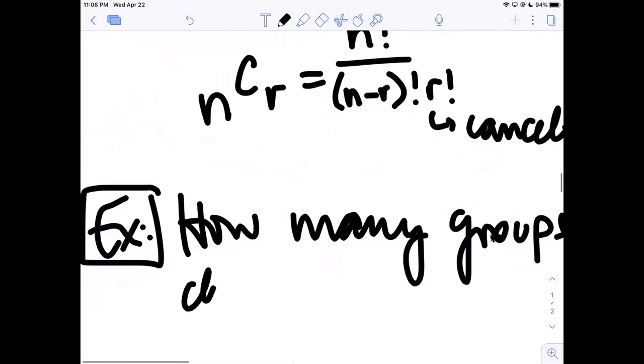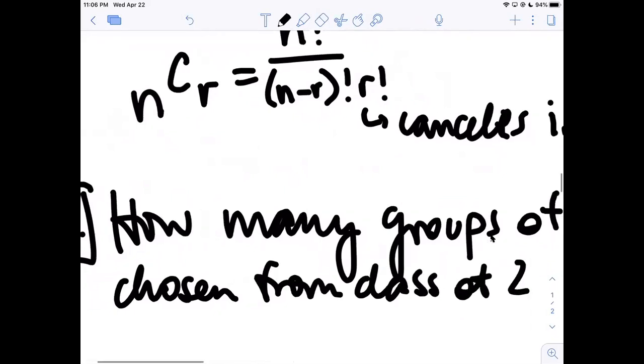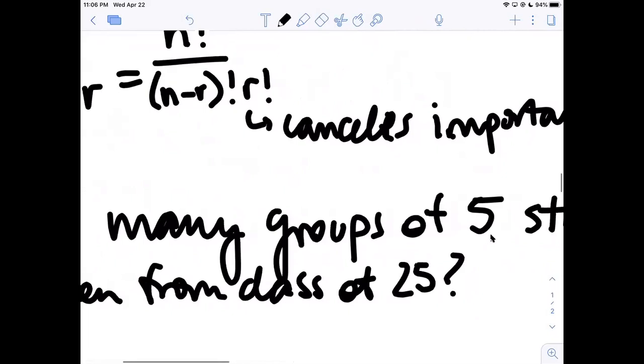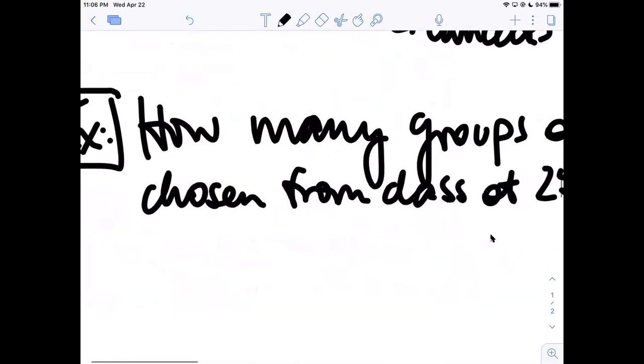There's no difference in if you're the first one chosen or the last one chosen. You're still all in the same group. So this one, we can use our nCr again because I see the special word chosen. That tips me off. How many total people can I choose from? 25.